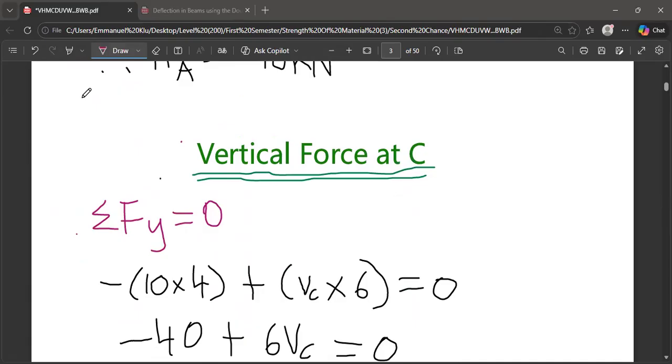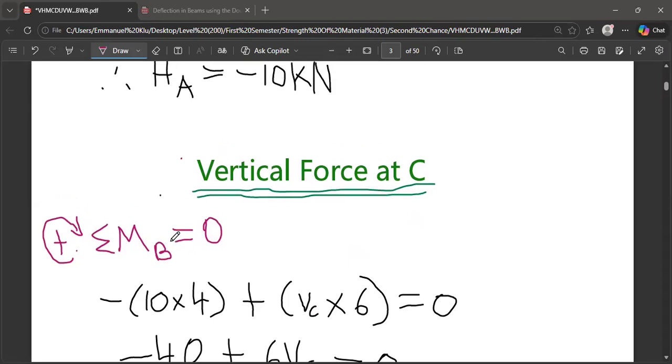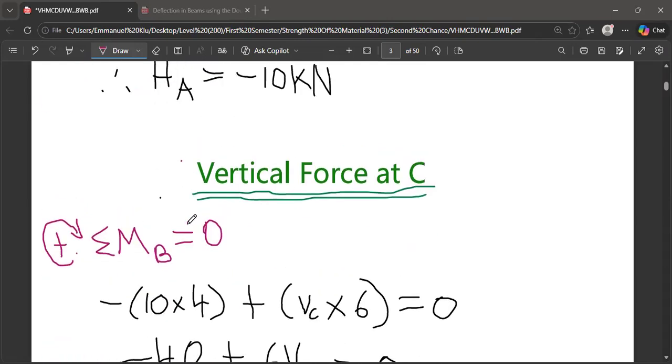Over here, what are we going to say? Let's write our equilibrium condition well. And we are taking a moment to be what? Positive. That is clockwise. Okay. So that is sum of all moments about A should be equal to 0.